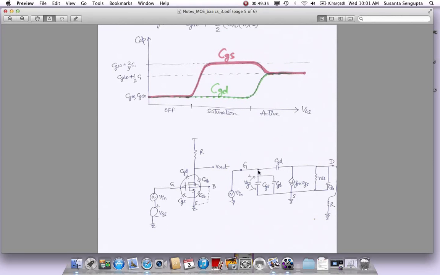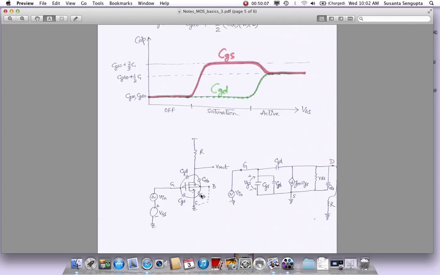If the voltage applied here is VGS, then we still have the normal low frequency model: GM times VGS is the controlled current source, and RDS. We always had that, we just put in all the parasitic capacitors now. Then we have another one, which is drain to bulk. This is the reverse bias diode that we talked about, which could change based on the output voltage swing, and hopefully it is not big enough to cause an impact.